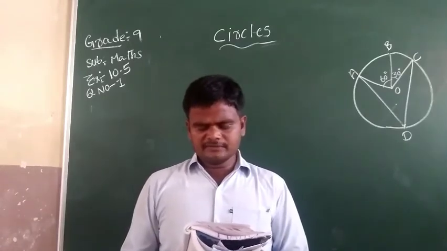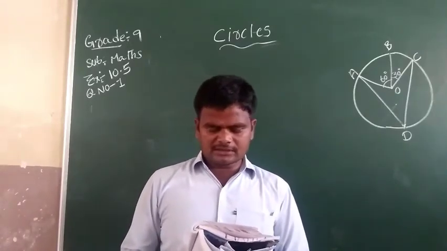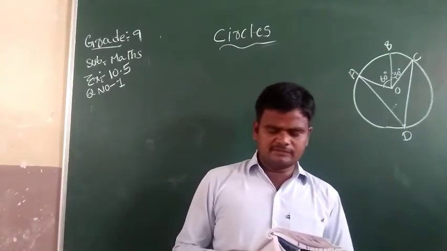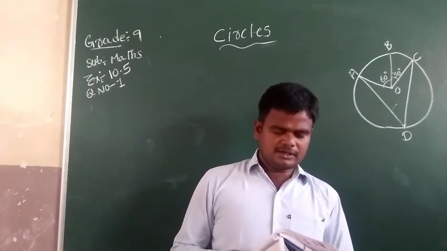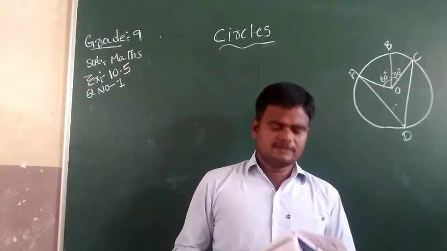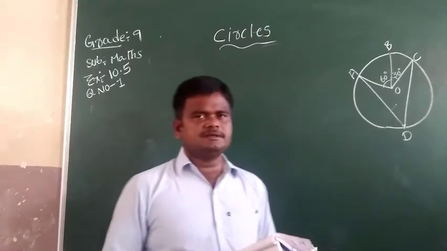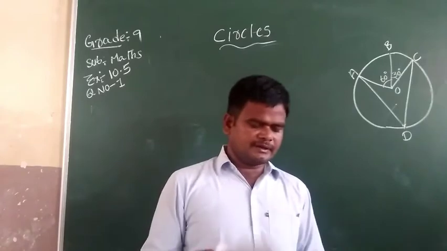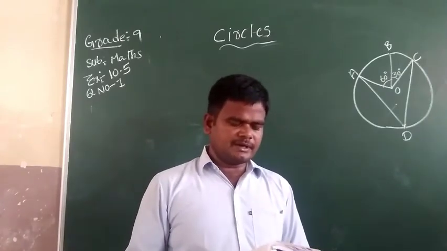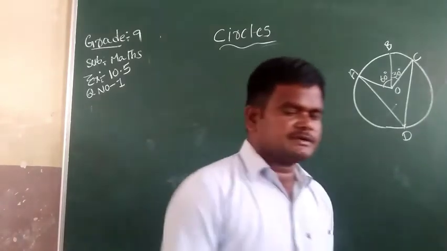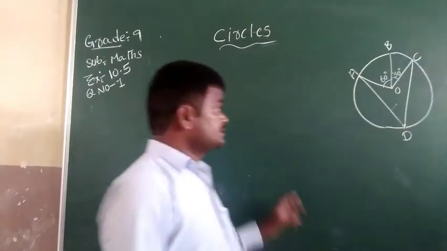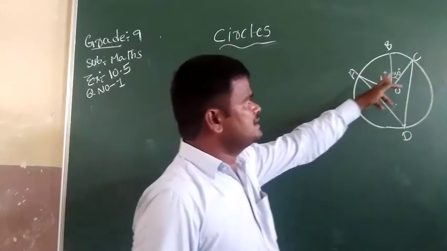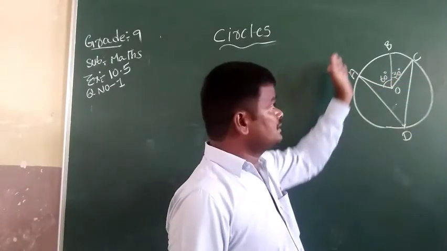If D is on the circle other than arc ABC, find angle ADC. So we have to find angle ADC. First of all, this is the given figure. A, B, C, these three are on the circle.